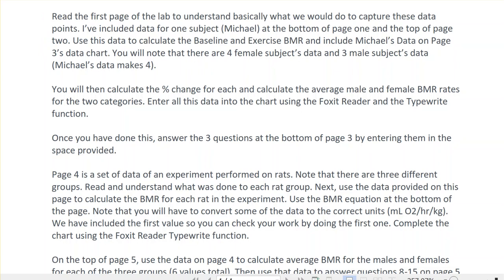So you're going to be looking at a baseline rate for his metabolism, and then after 3 minutes of exercise, you're going to do another calculation. After you exercise, you get your muscles acting, so you're going to be using more oxygen than you would at the baseline.